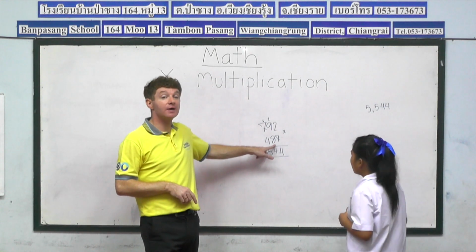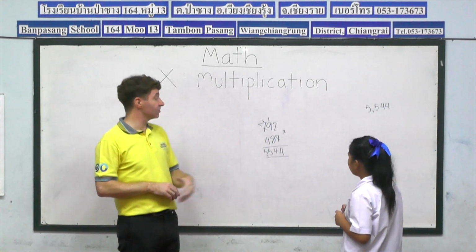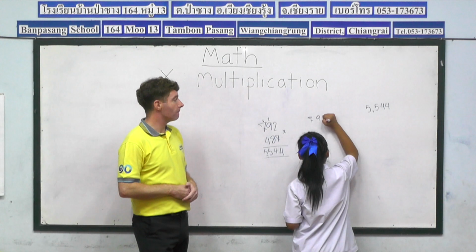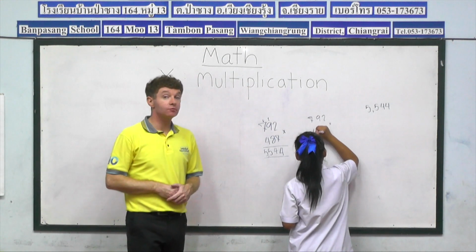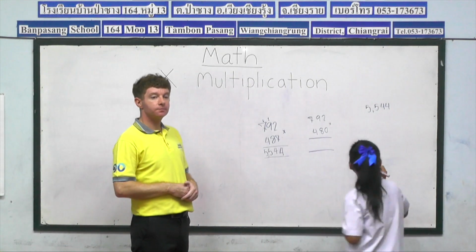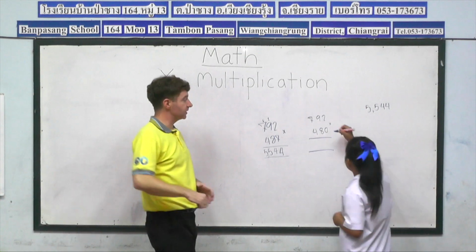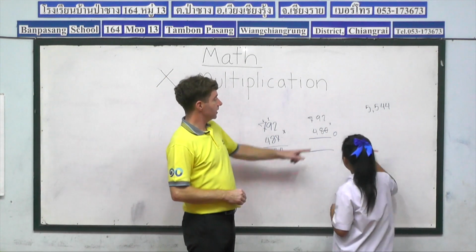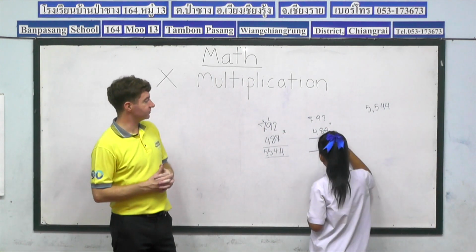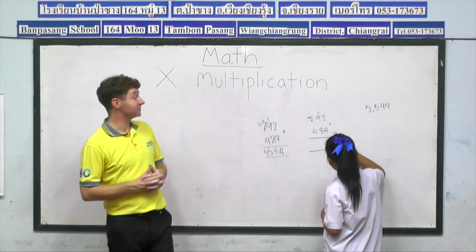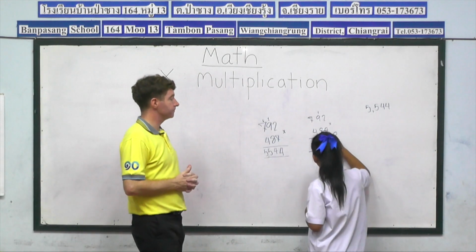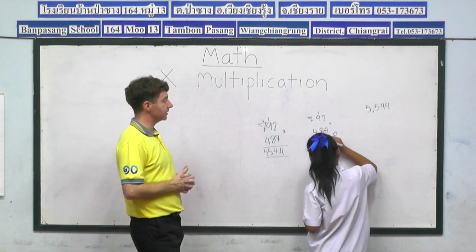How many tens do we have, guys? 8. So it's 480. 792 multiplied by 480. Now, what do we do with the 0? Delete the 0, and it's simply 8 times 2. 16. So we can write the 6, carry the 1. 8 times 9. 72. Plus 1 equals 73. Exactly. Well done, Lakau.